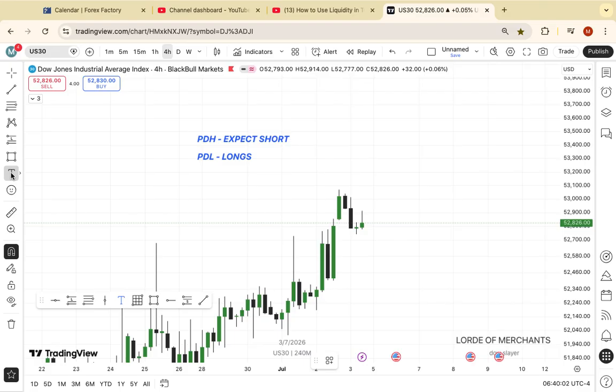So sometimes the previous day high is taken out as a strong signal that you are supposed to continue higher, or sometimes the previous day low is taken out and you are supposed to continue lower.